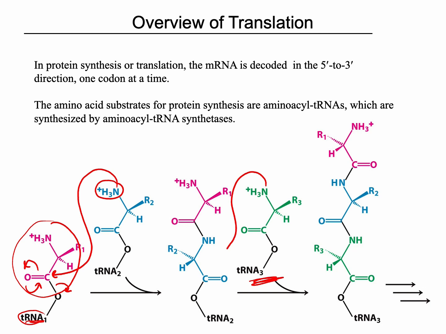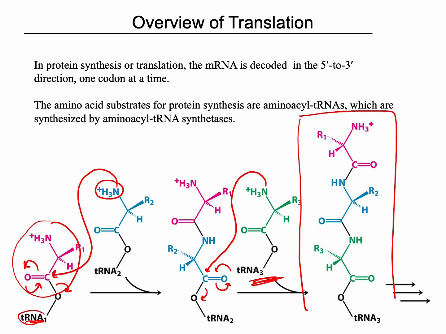Same thing, nucleophilic attack onto the carbonyl. Electrons flow up to make an intermediate, collapse back down, and the ester bond is broken, releasing the second tRNA, and now creating a tripeptide linked to the third tRNA.